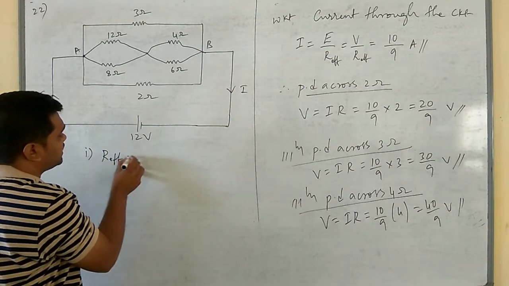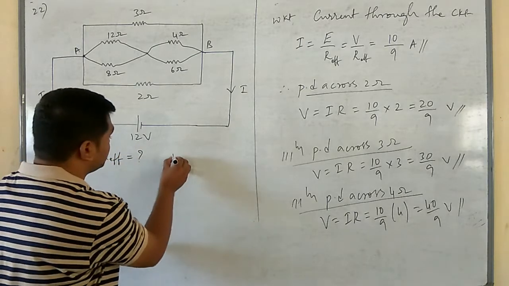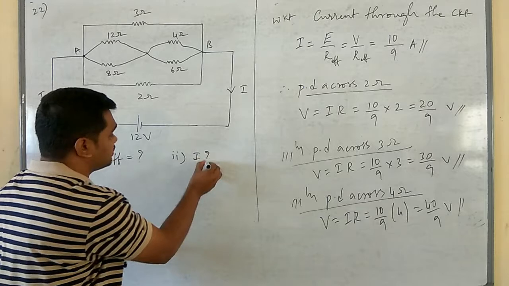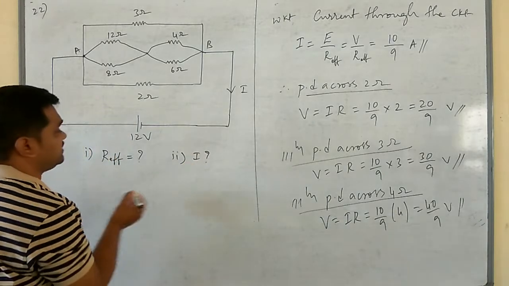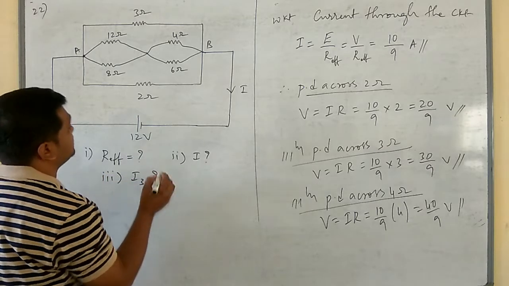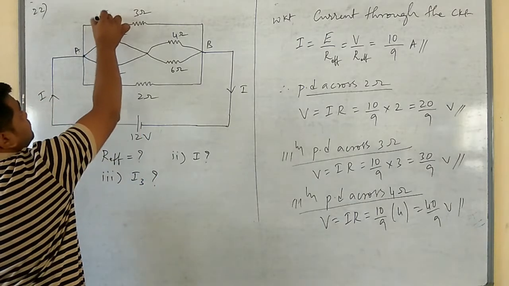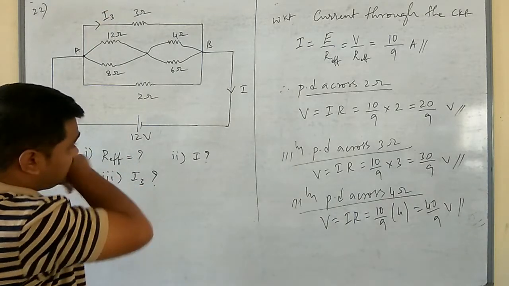R effective is question mark. Second one, current through the circuit, I is question mark, and current through 3 ohm resistor. Say for example I3. If you take this as I3, then you want to find out the I3.